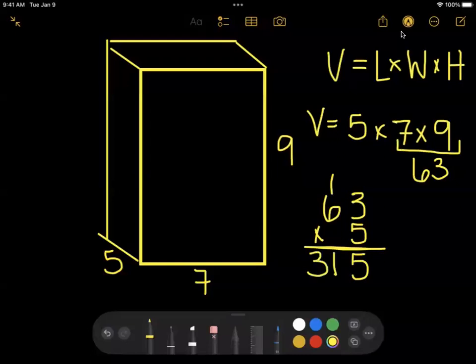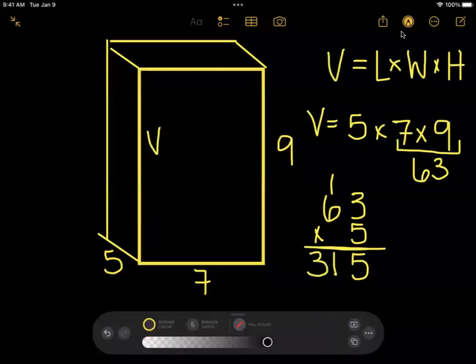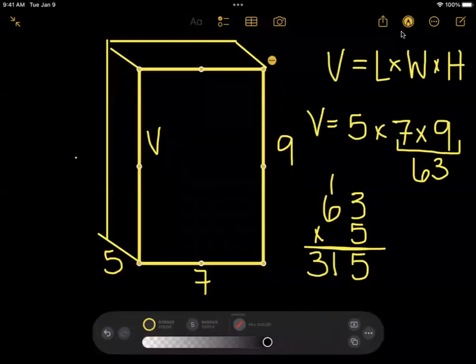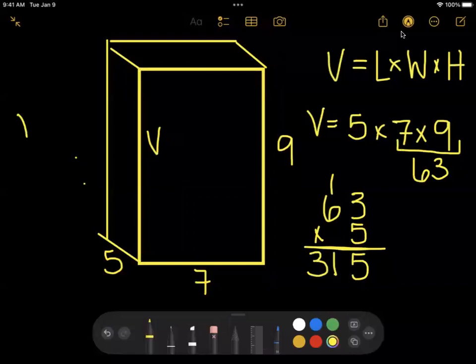Okay, I'm going to write it over here. The volume of this shape is 315. And then whatever the units are, whether they're feet, centimeters, or inches, it would be units cubed or cubic units.